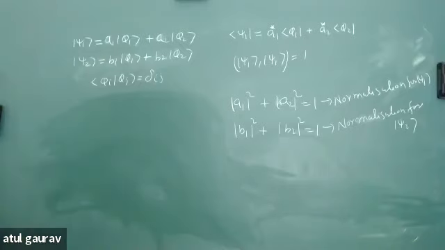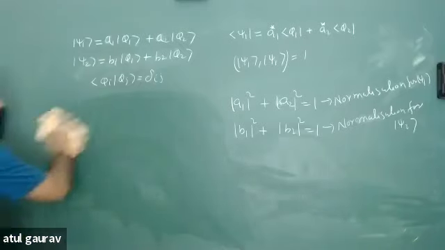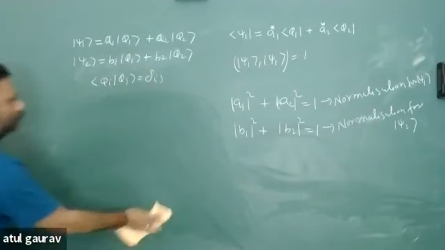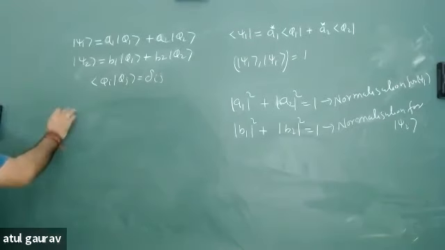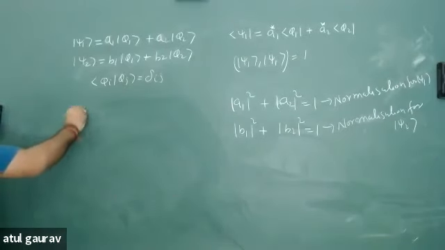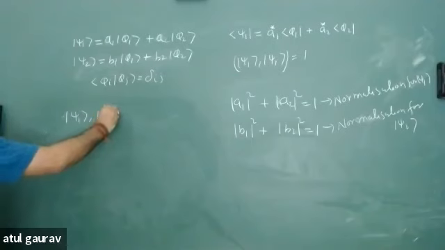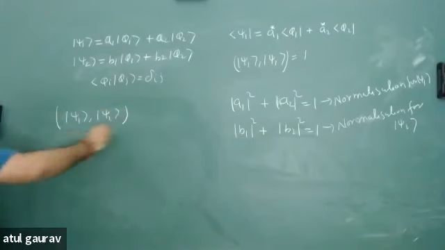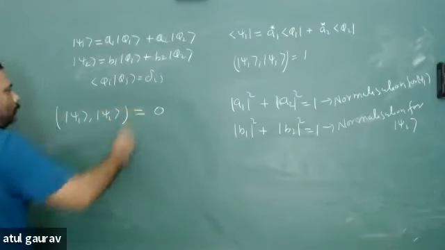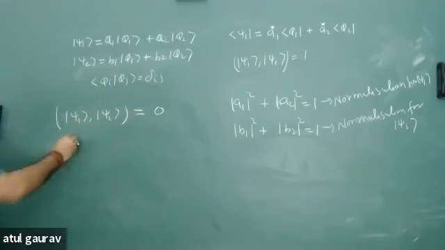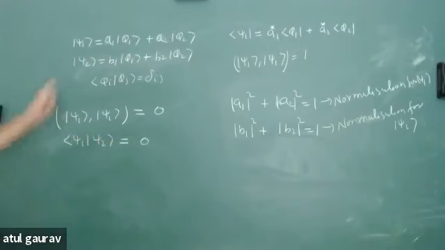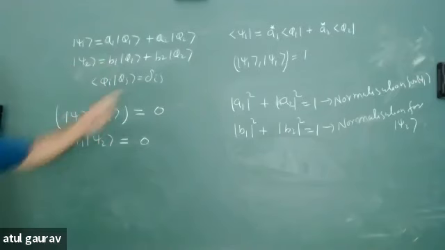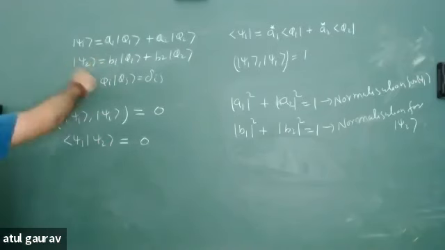You can write psi 1 psi 2. I can write this thing also. This will equal what? 0. What is the meaning of that? You have to write psi 1 psi 2 is equal to 0. So how will you go for this? Psi 1 is, so this is bra. So we will use bra, and we will use psi 2 for ket.